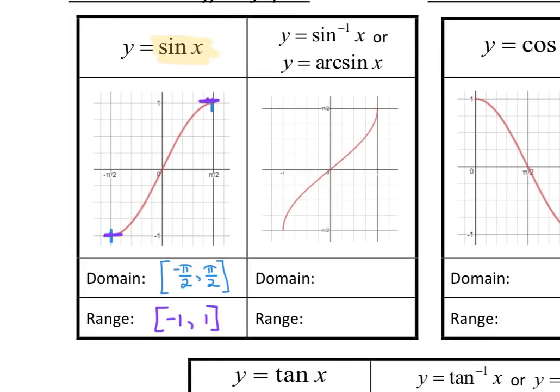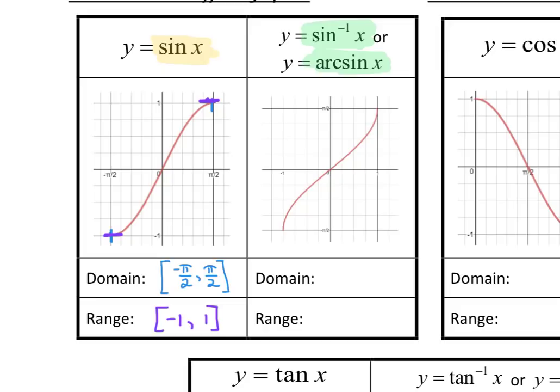Remember also that when you are talking about an inverse function, and remember that we can write sine as sine to the negative 1 or arc sine, and both of those mean the inverse of the sine function, the domain and range will exchange.